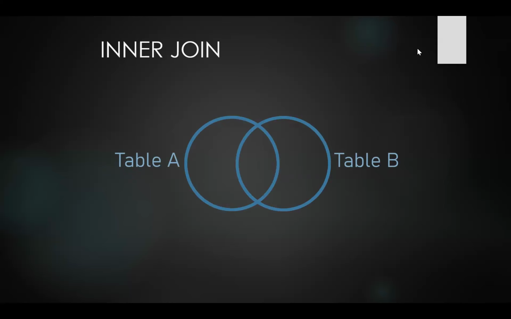Now, if I draw circle one and circle two and bring them together, you see this in between. If I say I want information that relates to both tables, this area ends up shaded. So this is two tables that we're joining together.